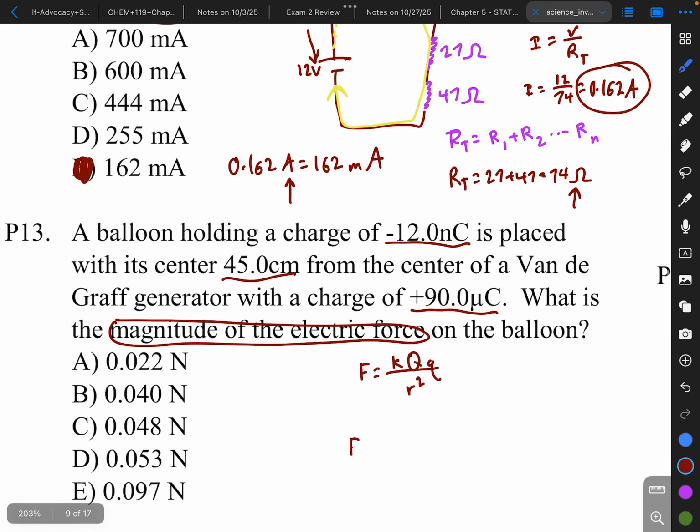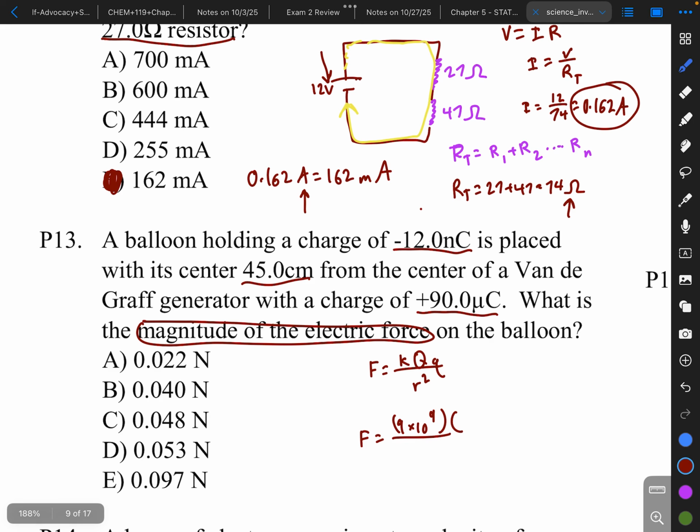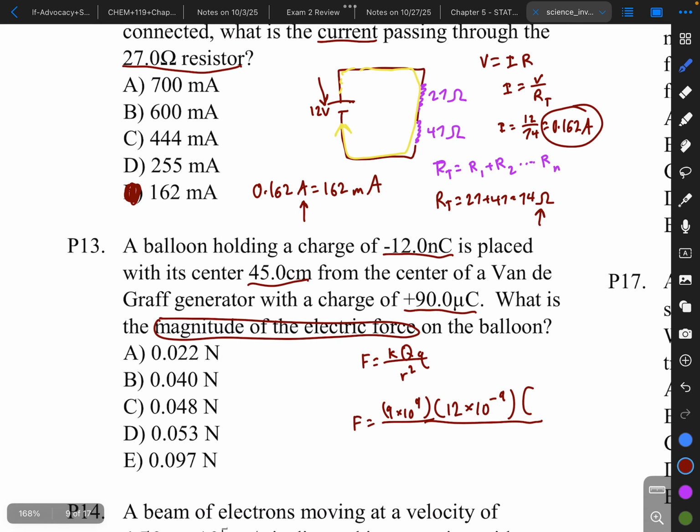We can calculate force equals, I'll just use 9 times 10 to the 9th. The first charge is 12 nanocoulombs. Again, I'm ignoring the negative sign. Nano means 10 to the negative 9. The second charge is 90 microcoulombs. Micro means 10 to the negative 6.